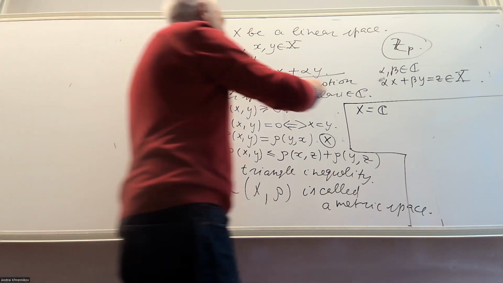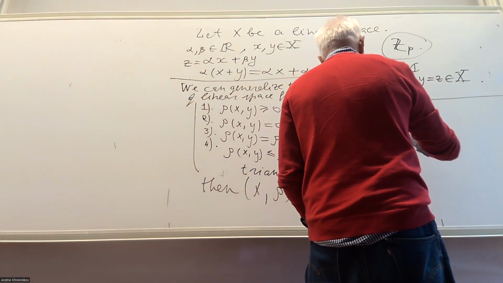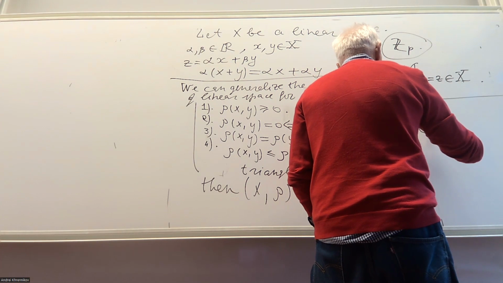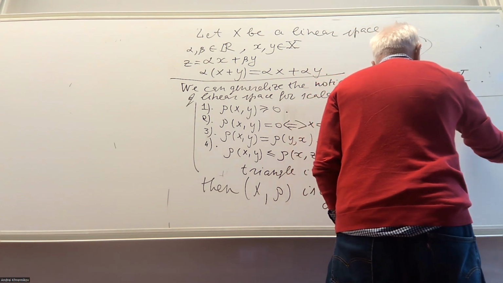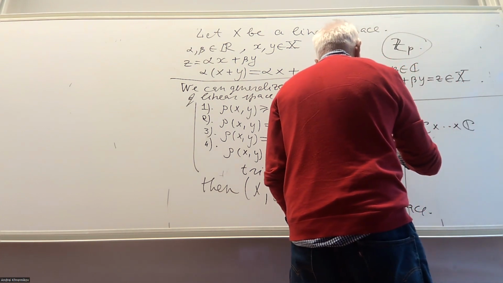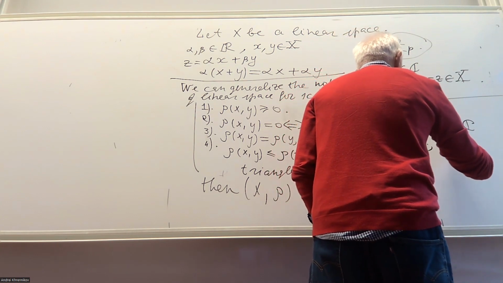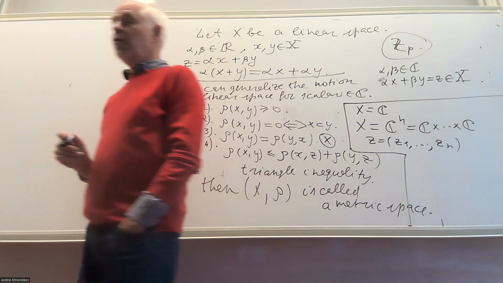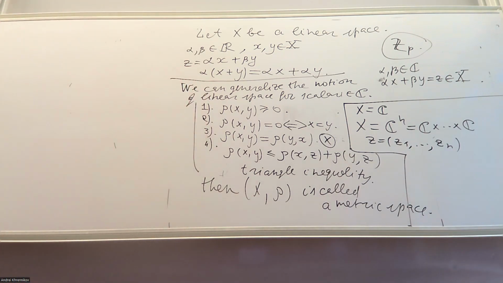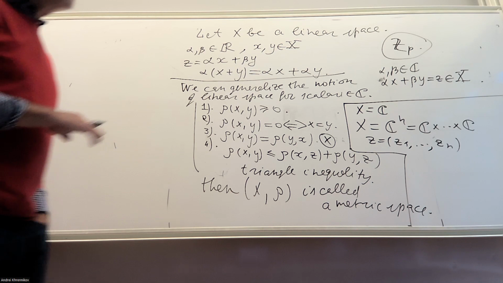And in the same way as for real spaces, we can generalize and take C^n, the Cartesian product of n copies of C. So that would be vectors with coordinates z1, ..., zn, where each coordinate is a complex number. So complex linear spaces are no different.